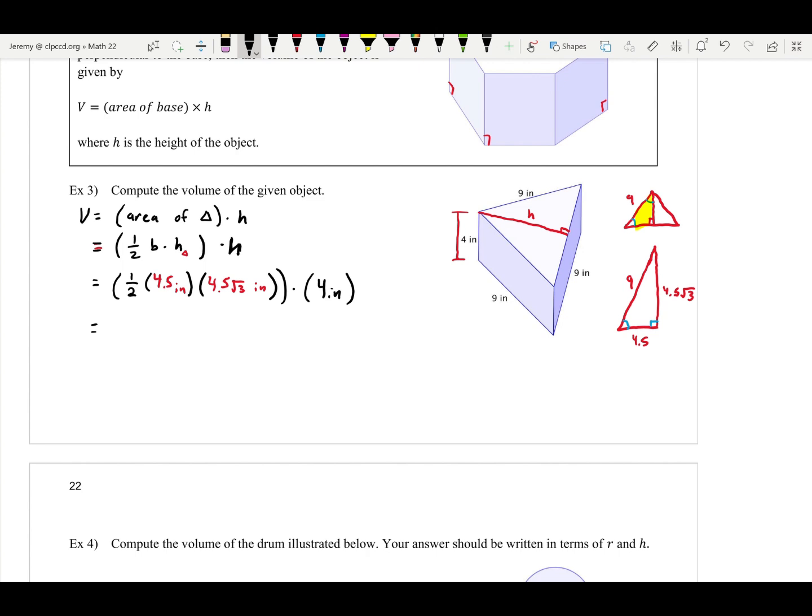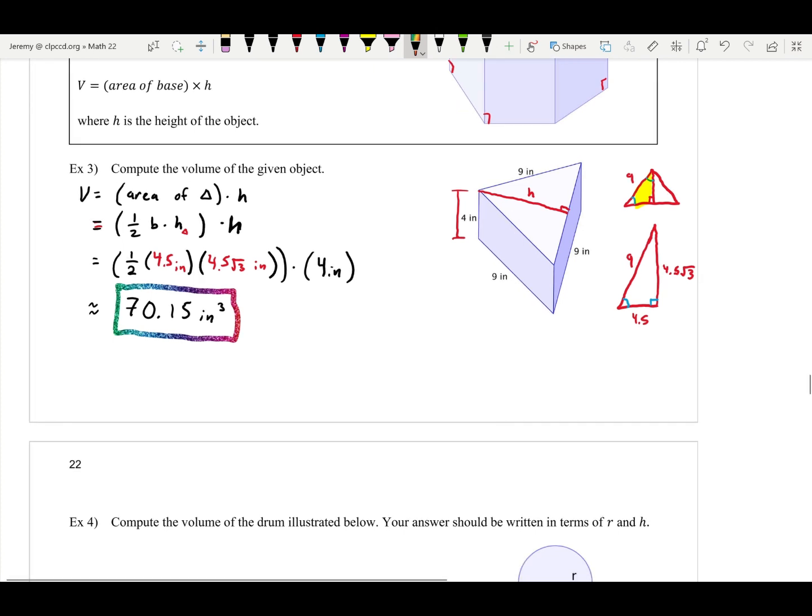And I'm getting a volume of 70, and you know what, I'll round this to 2 decimal places, 1.5 inches cubed, because we're talking about a volume in this case. Okay, so that's the approximation.